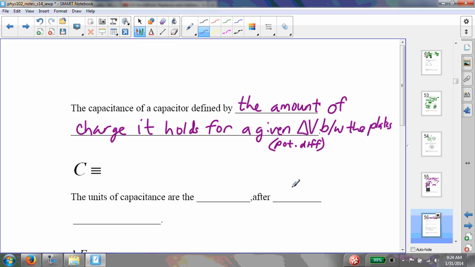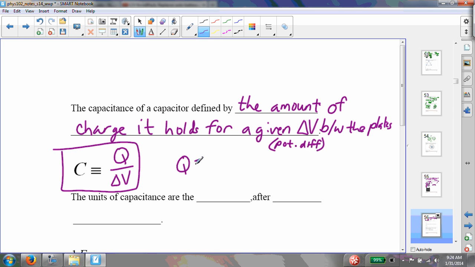All right, so we can express that. This definition is going to be Q divided by delta V. And this is our definition of capacitance. Now, we will take this expression and use it quite a bit, but we'll write it generally like this, which is just that expression reorganized. The units of capacitance are the farad.